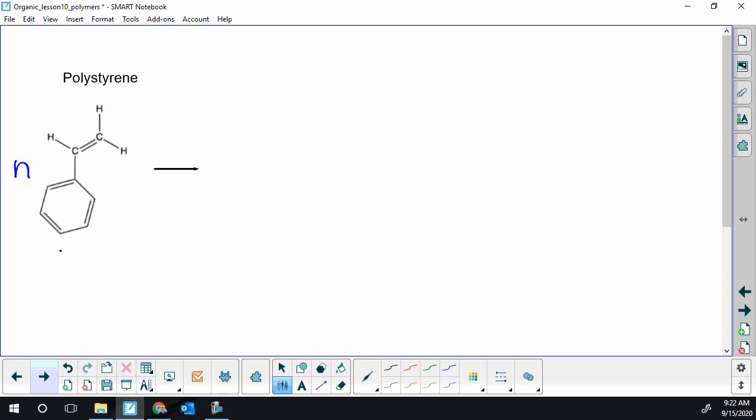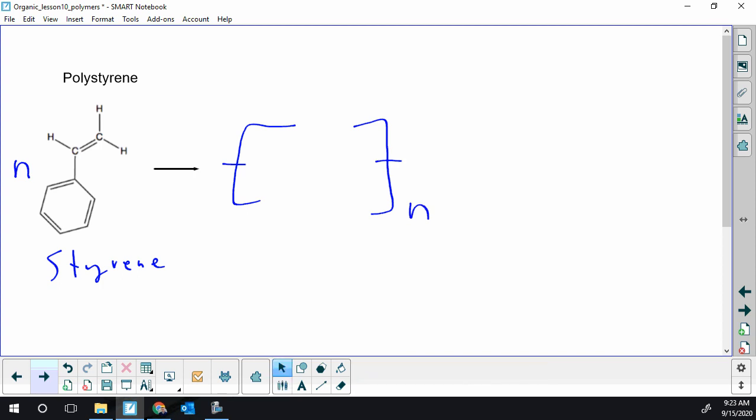So the monomer here is styrene. So it's got one of those benzene rings, and then it's got a double bond coming off of it that can allow the polymerization. It's going to repeat n times and identify our 4 things, H, H, H, benzene ring, or you may want to call it a phenyl as a side group.